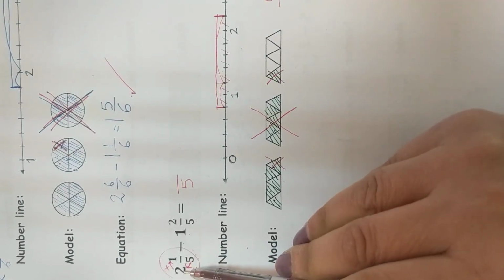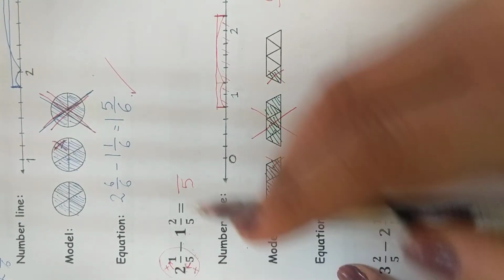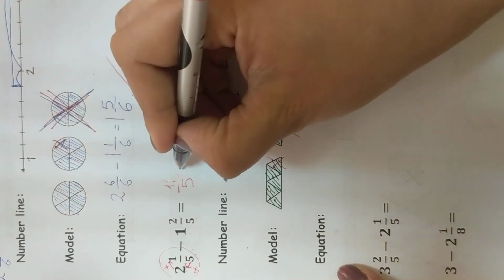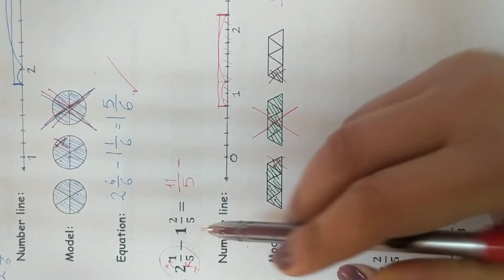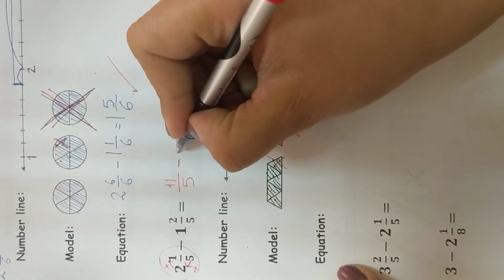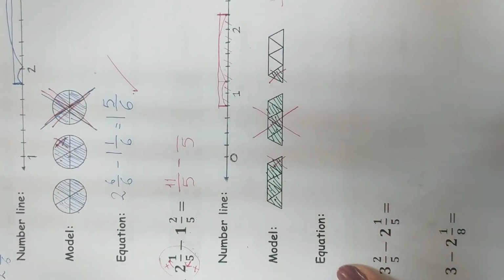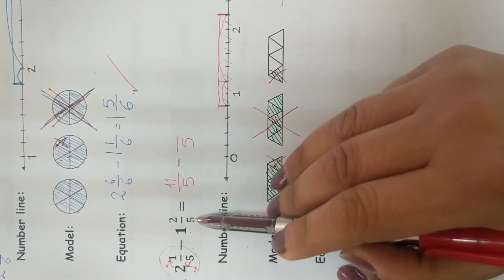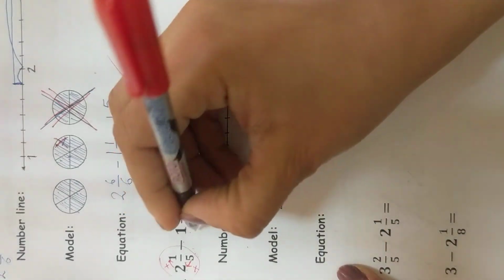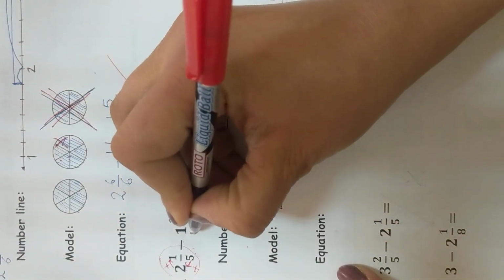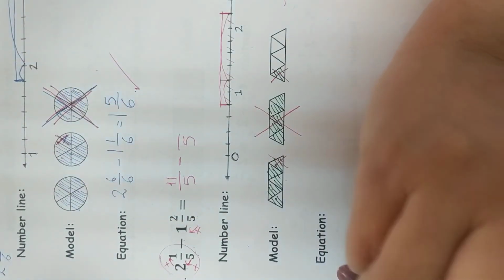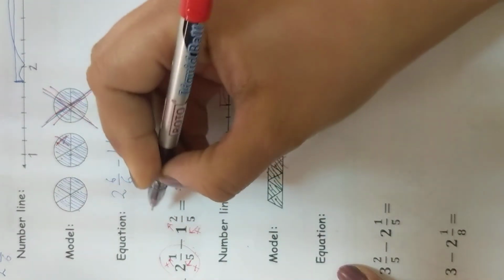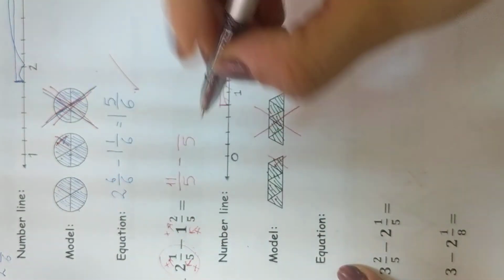5 times 2 is 10. 10 plus 1 equals 11. And put the subtraction, minus. And then again, put the same denominator here and change this mixed number into improper the same way. 5 times 1 is equal to 5, plus 2 equals 7.